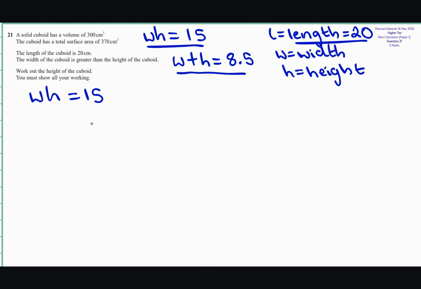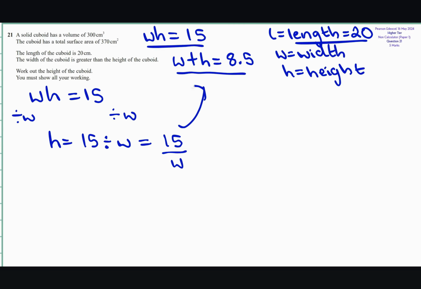So if you divide by W on both sides, you will get H equals 15 divided by W, which can also be written as 15 over W. So if H equals 15 over W, we can substitute that into this equation and get that W plus 15 over W is equal to 8.5.